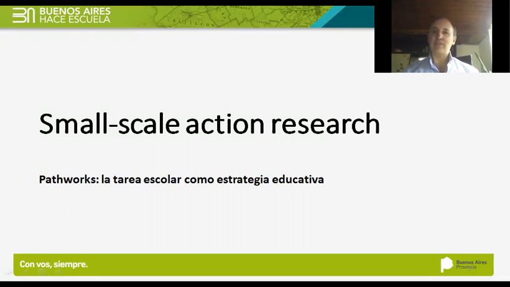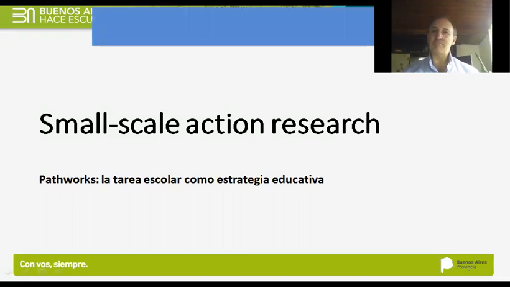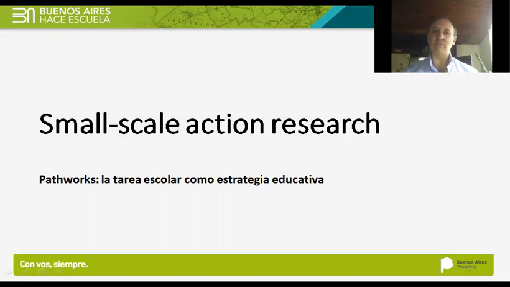Well, simply defined, small-scale action research is some practice that you do in one of your classes, focusing your attention on a specific task, on a specific activity, or observing students for some specific reason. It is some special focus on a moment of a class or some classes, and sometimes on some students as well.